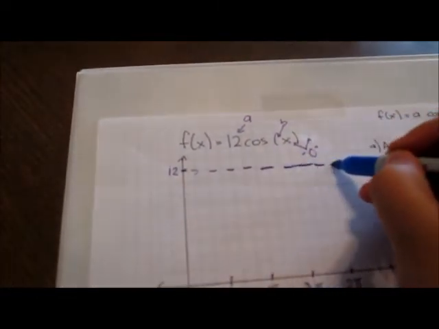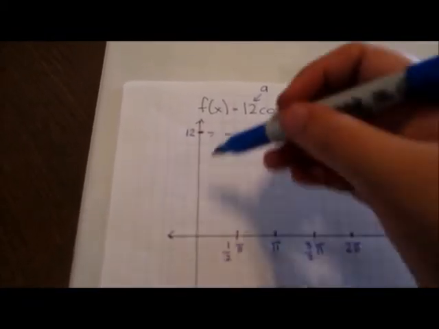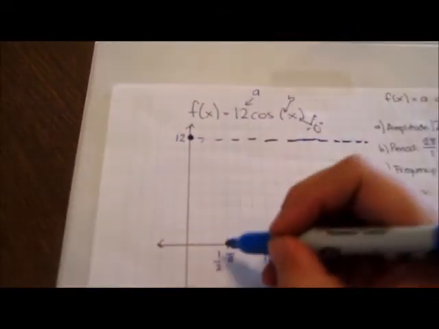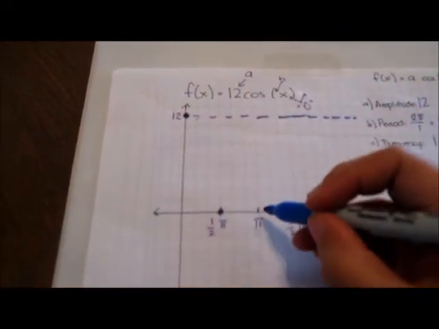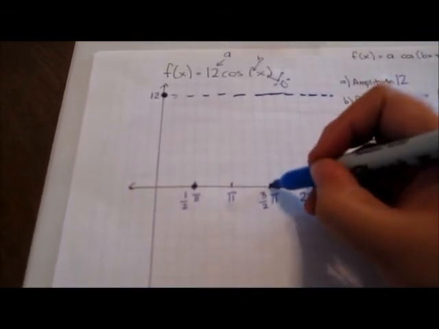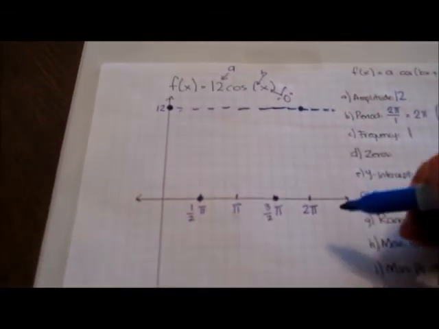I need to mark some dots here at the top and at my bottom to graph my function. My first one, since I have cosine, is going to be this one. My second, this one. My third, this one. My fourth, this one. And my last one, this one.